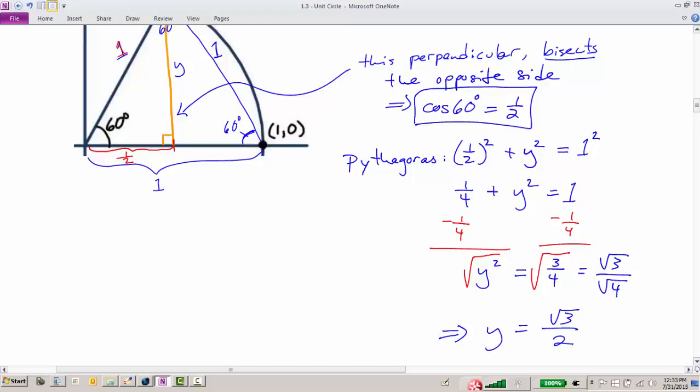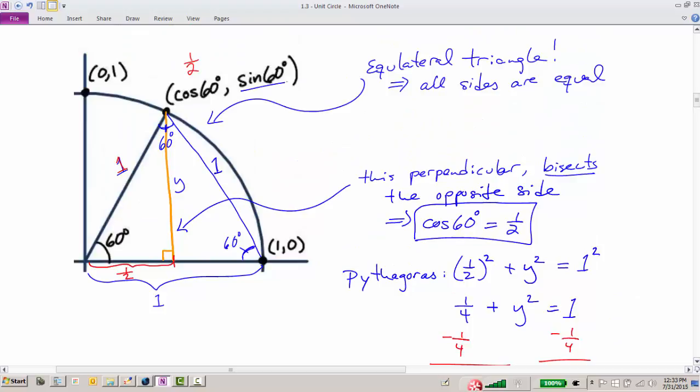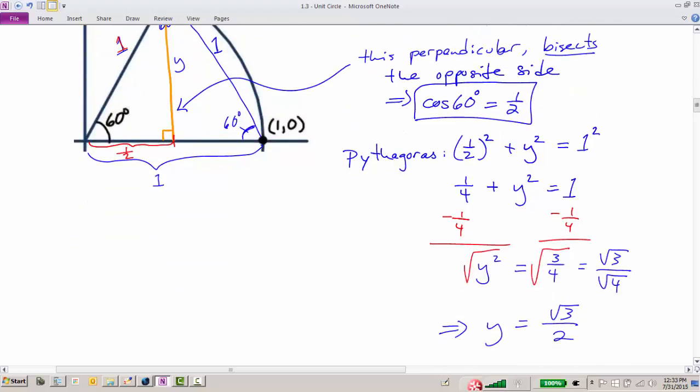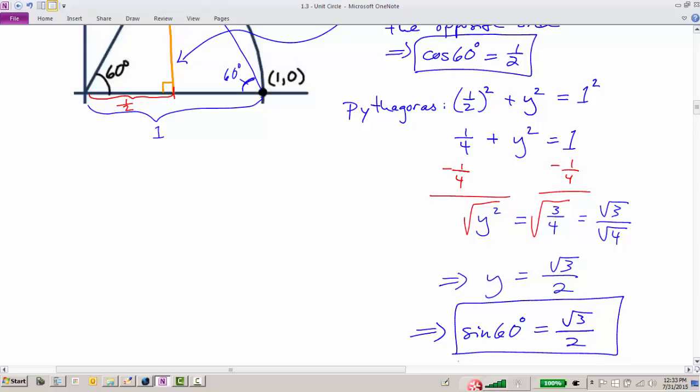We could get an approximation if we like, but I'll leave it as a fraction for now. Now, since the length of that side is the square root of 3 over 2, and the length of this side is equal to the y-coordinate of this point up here, that means that sine of 60 is equal to the square root of 3 over 2. Now there's the second value that we were looking for.